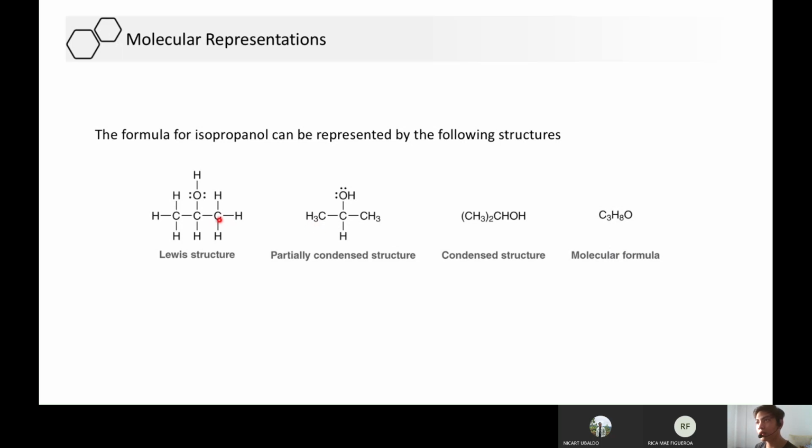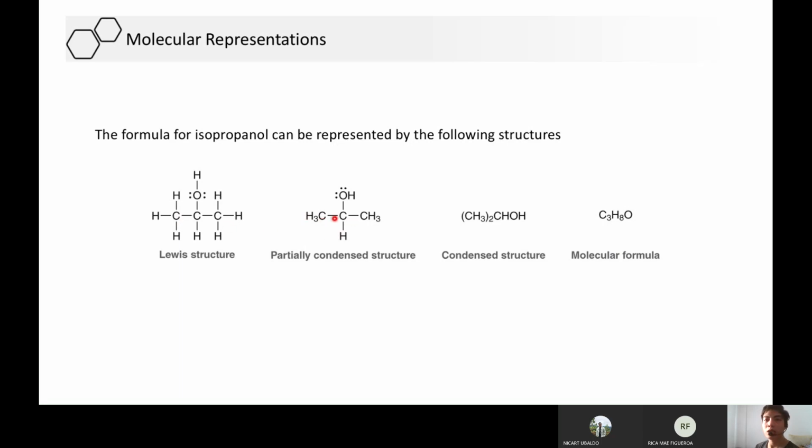For example, this carbon has 3 hydrogens bonded to it, so we write it as CH3. We know that all of those hydrogens are bonded to the carbon. On the other side, we write H3C. So what's the difference between the two?